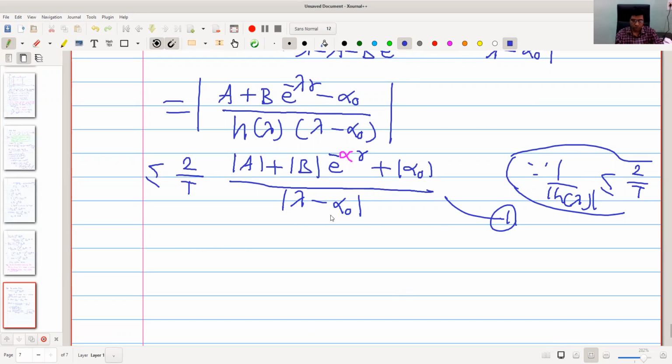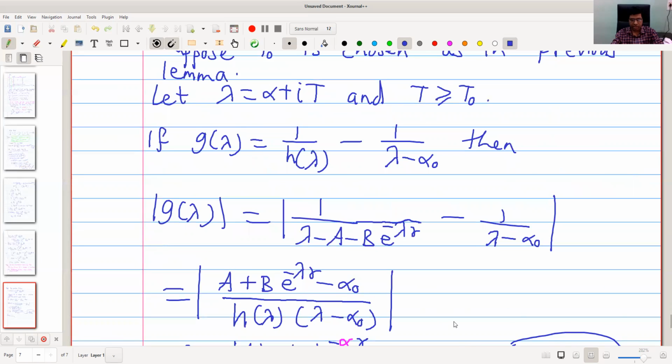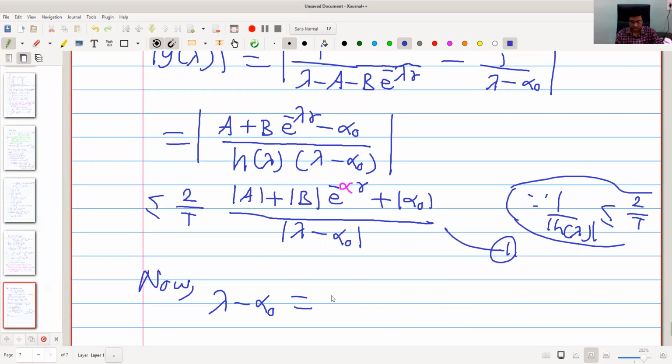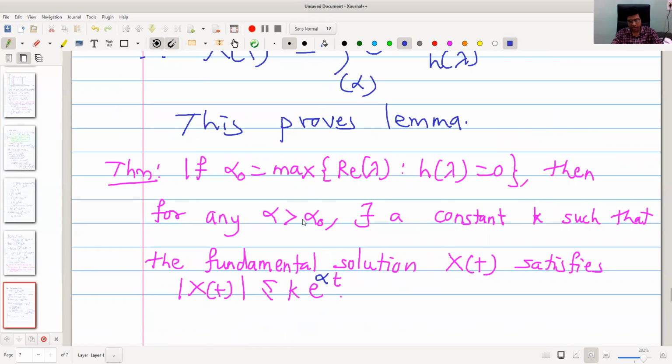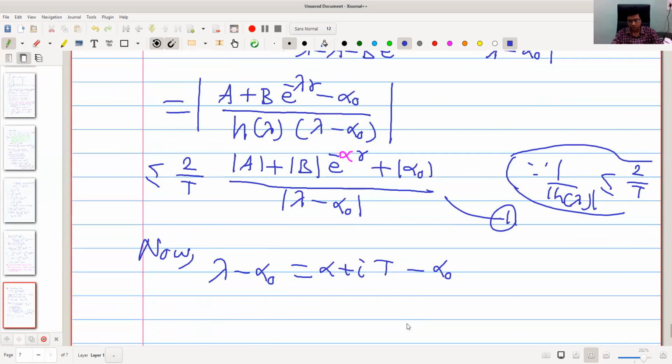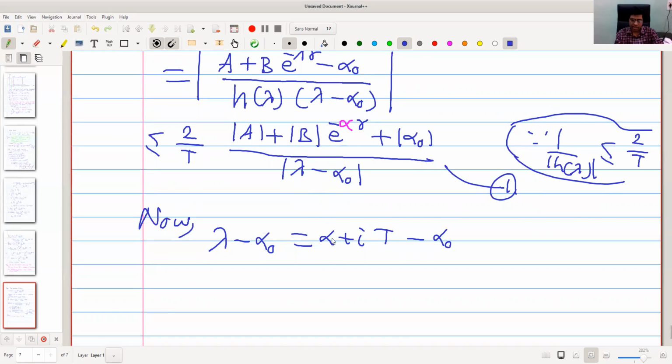Now, about this lambda minus alpha 0, where lambda is alpha plus it minus alpha 0. What is the relation between alpha and alpha 0? Alpha is bigger than alpha 0.